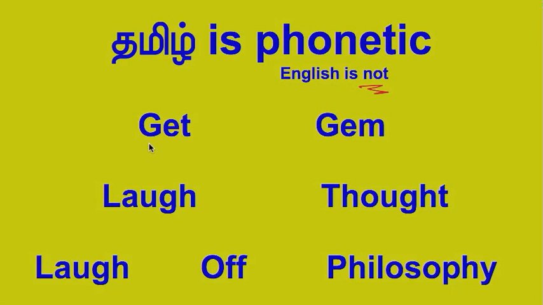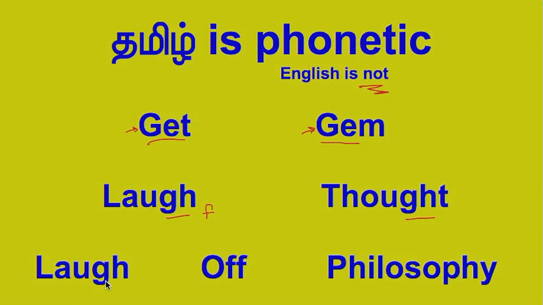In these words get and gem, the first two letters are exactly the same, but the sound made by the G letter here is like a G, like we'd expect, and then in the word gem, it sounds like a J. In the next set of words, laugh and thought, in the word laugh, the GH sounds like an F. In the word thought, it sounds like nothing, it sounds silent.